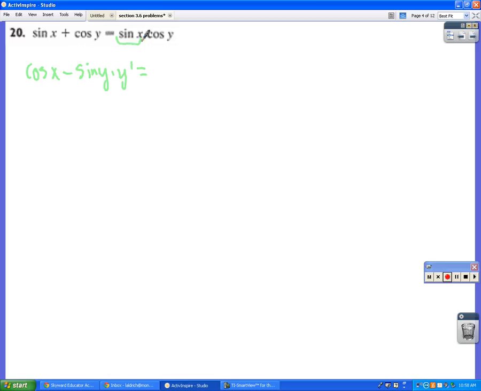Okay, and then sine of x times cosine of y, I need to do the product rule. So the first one, sine of x, times the derivative of the second one, which will be negative sine y times y prime, plus the second one times the derivative of the first.